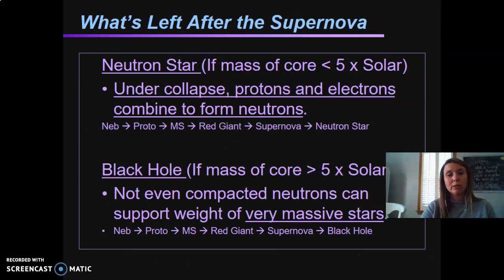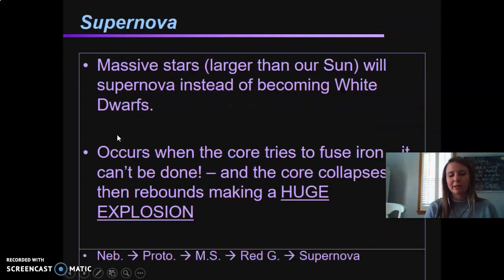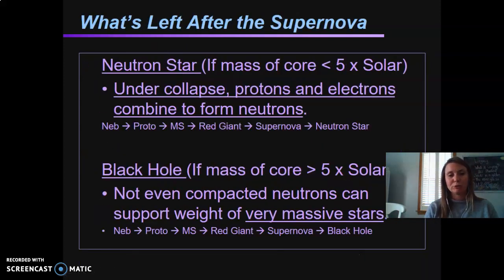Or if it's really, really massive, it can go into our last possibility for a massive star, which is our black hole. Oh, sorry, I forgot this last part, so let me go back. With our massive star, huge explosion, it can form a neutron star, which is kind of like our white dwarf, just the core that is left over. And that's in our massive star.